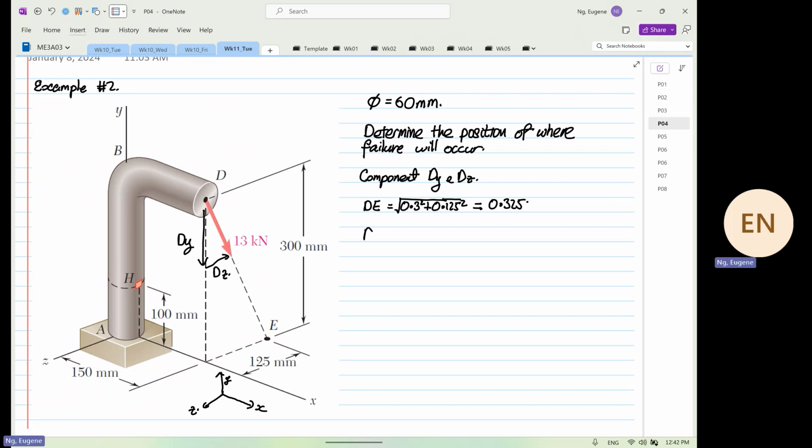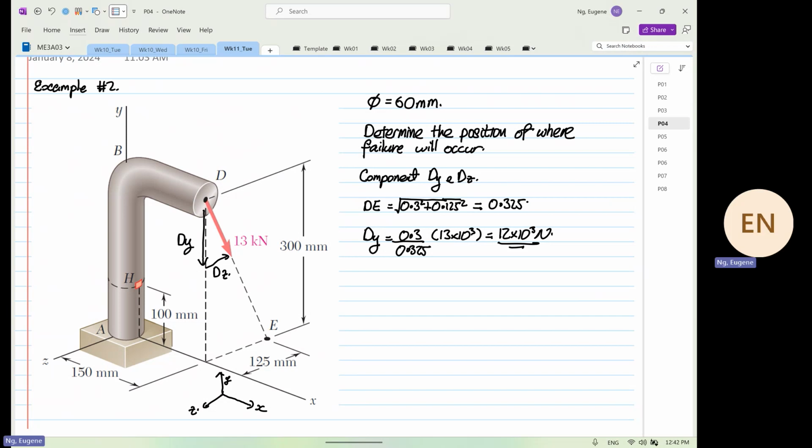To determine dy, it will be equal to 0.3 divided by 0.325 multiplied by 13 times 10 to the power 3, which is equal to 12 times 10 to the power 3 Newton.